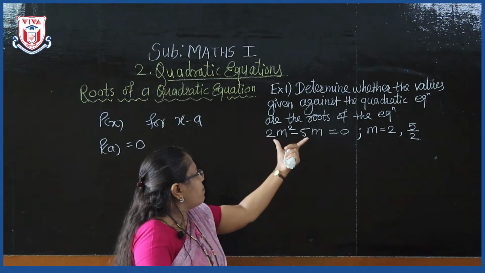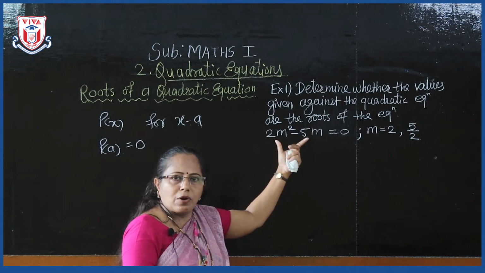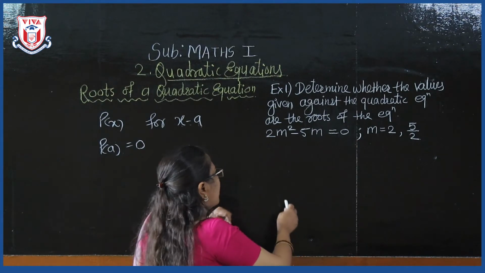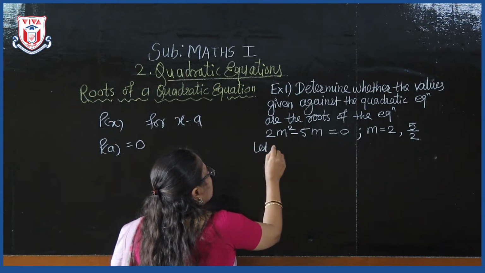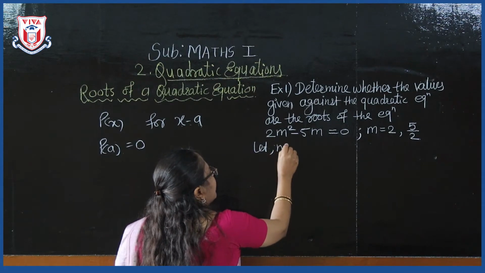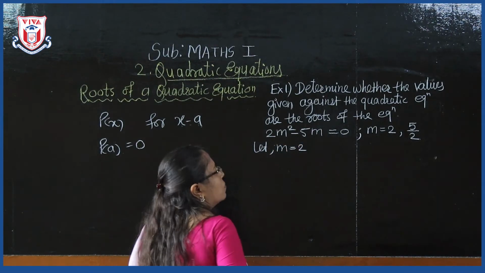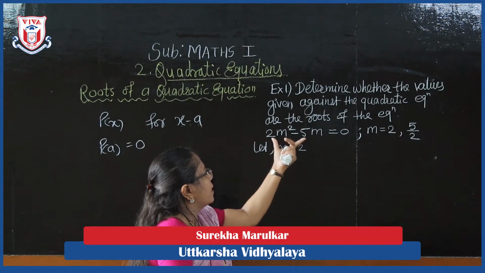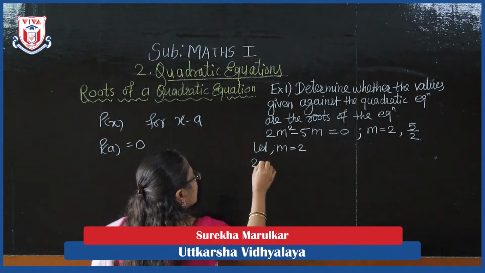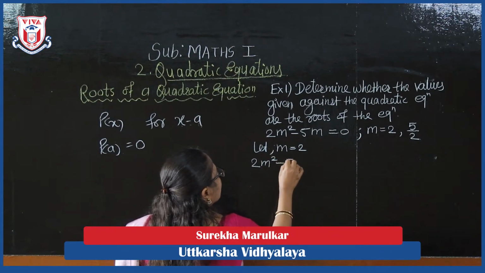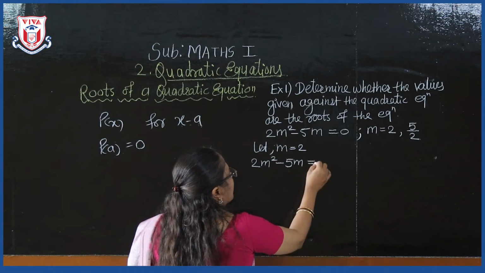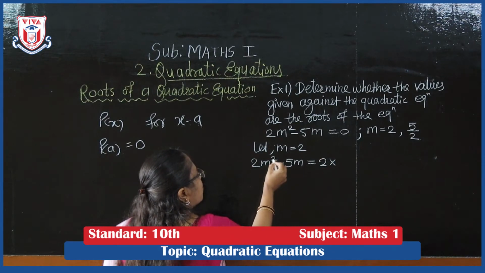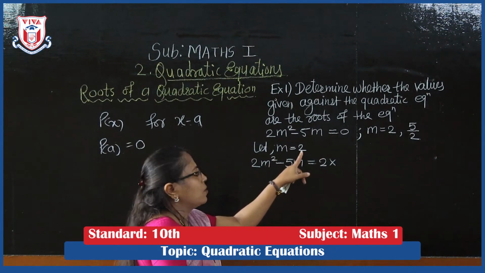Now here the left hand side of the equation is the polynomial. So we will substitute first m equal to 2. Let m equal to 2. We will substitute in this polynomial 2m square minus 5m, which equals 2 into m square, and the value of m is 2.